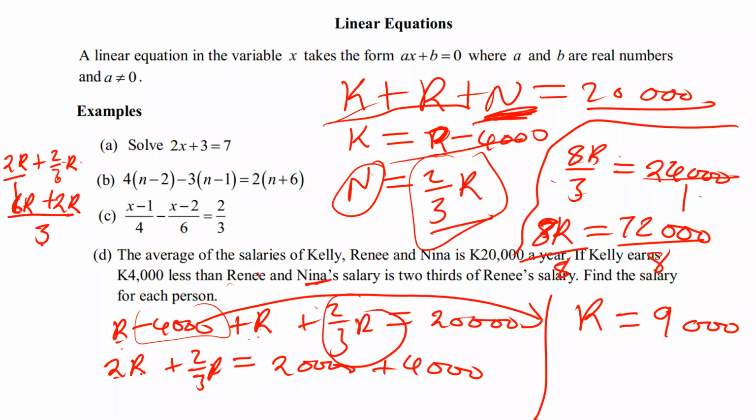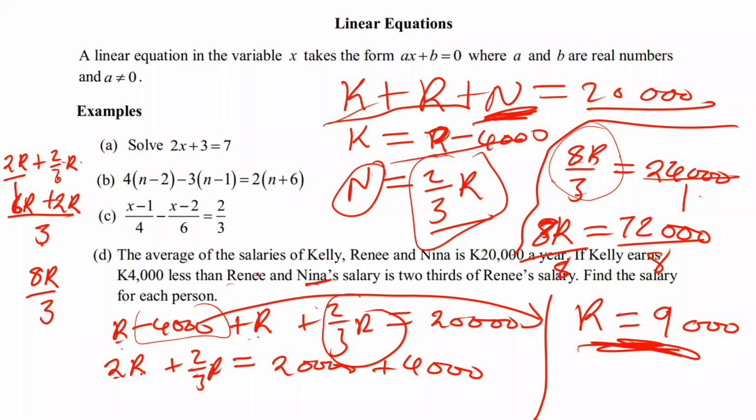So when I add 6R and 2R, this gives me 8R, and then everything over 3. So this is where I got 8R over 3, and this is the value for the salary for Rina.